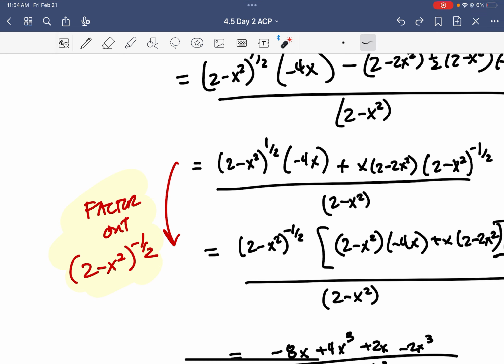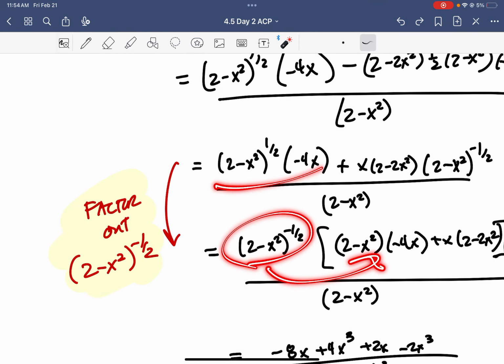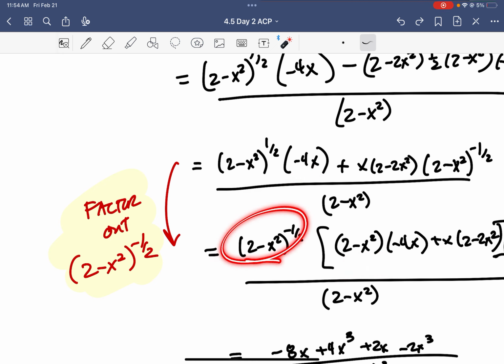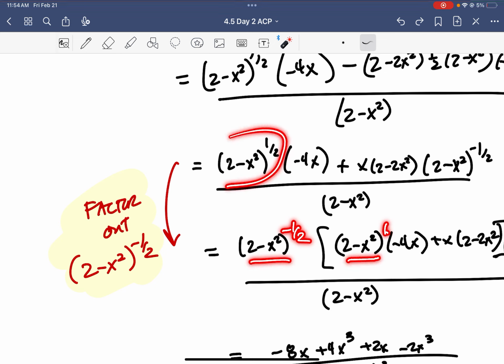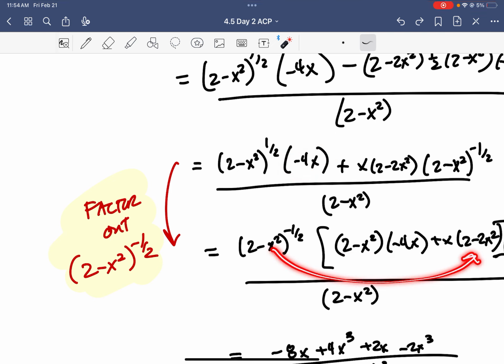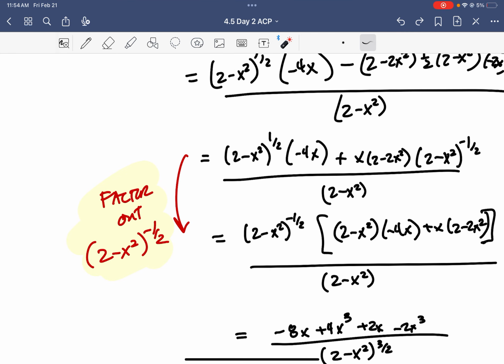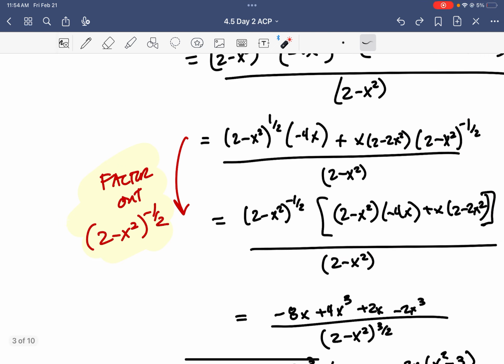So when you do, you ask yourself, this times what will get me the first term? Well, this times this, because this and this, we add exponents with like bases. That would give me what I want. And then we need one of these, so that's why that's there. Well, then this times what gives me stuff to the negative 1/2? Well, since there's a 1 over here, times this, that's going to give us this 1.